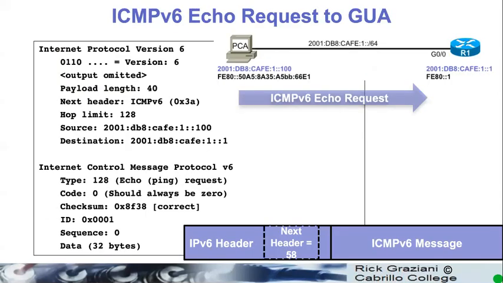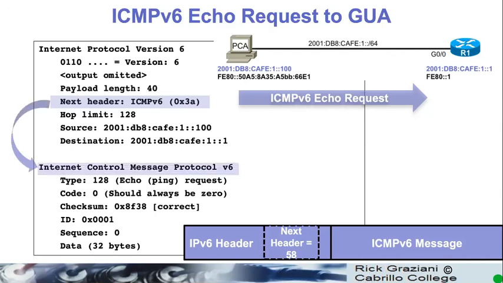We can actually take a look at what this echo request and echo reply look like in Wireshark. Here we have the IPv6 header, and we can see the source and destination IPv6 addresses. Also, there's a next header field, which is hex 3A or 58 in decimal.